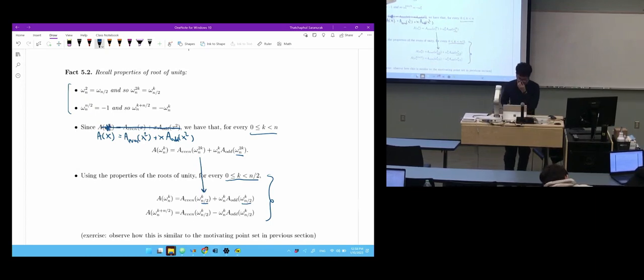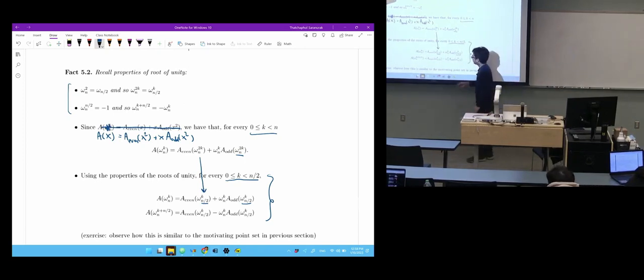From here to here, this is just algebra, but you can verify this. But the point is that now if you look at this, what does it mean? You can try to verify this at home, but let's interpret this equation.